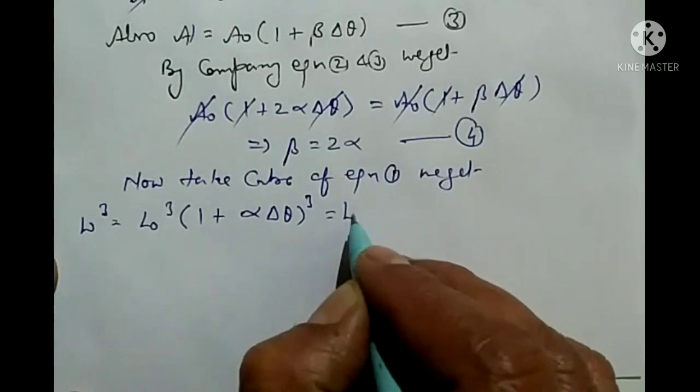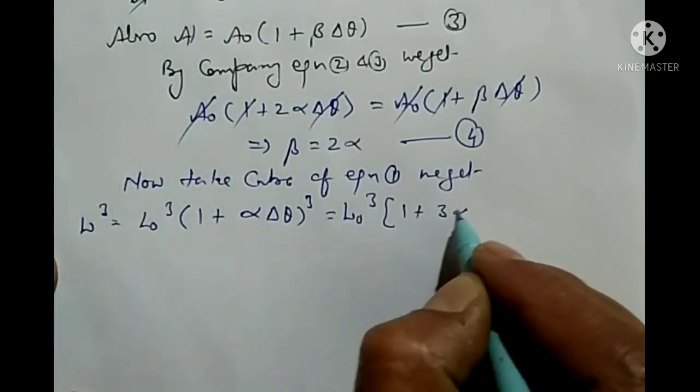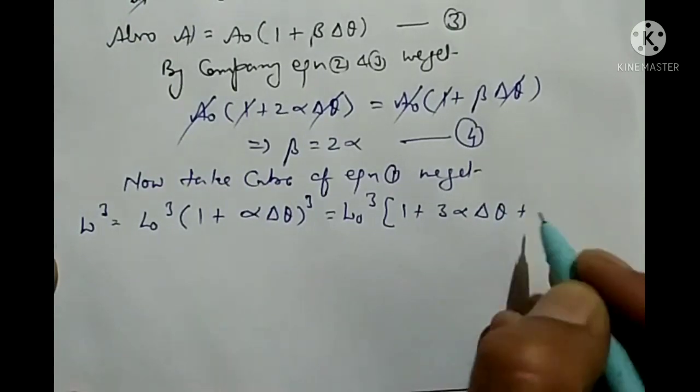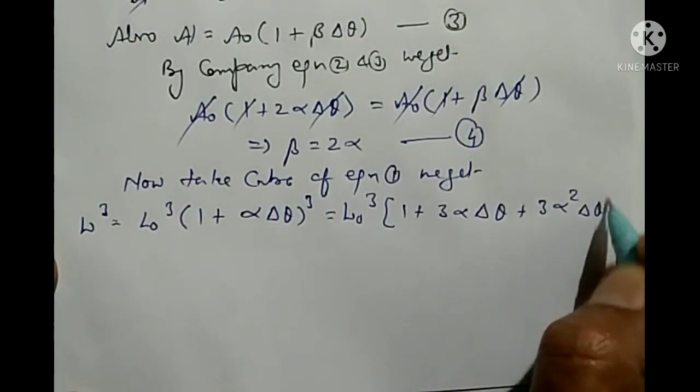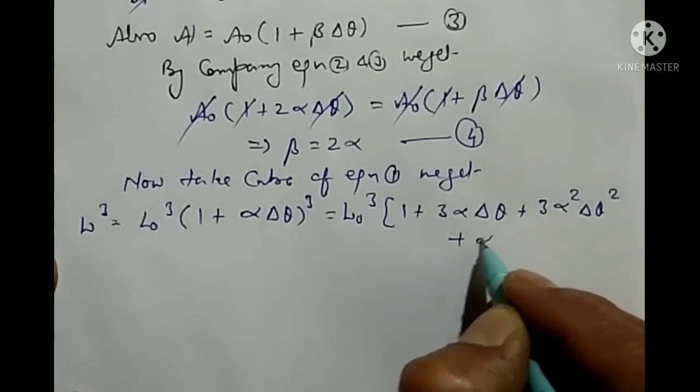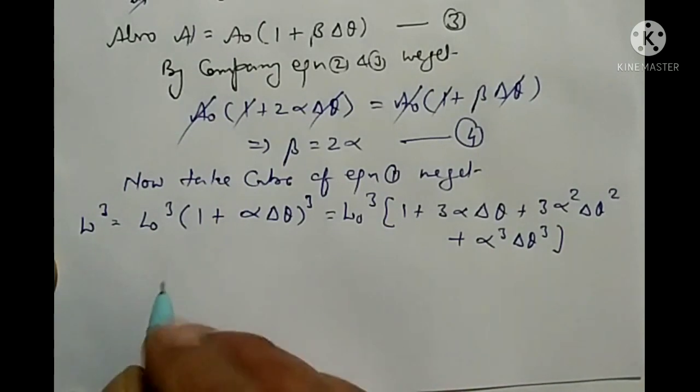This is equal to L naught cube (1 plus 3 alpha del theta plus 3 alpha square del theta square plus alpha cube del theta cube).